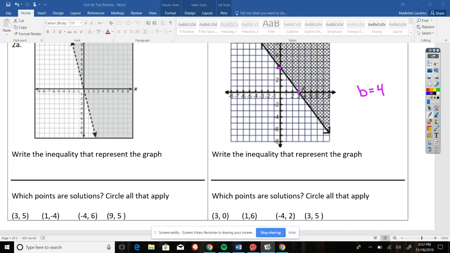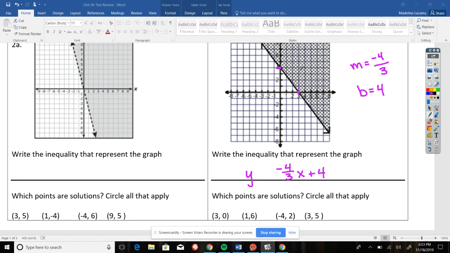Right 1, 2, 3. So down 4 would be -4. Right 3 would be +3. So we know our slope is -4/3. So we have -4/3 x plus 4.